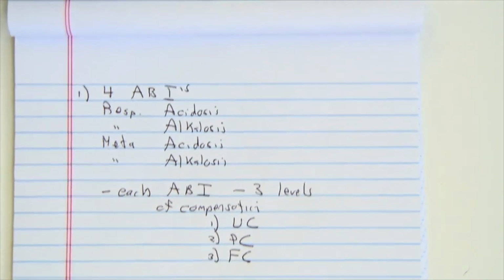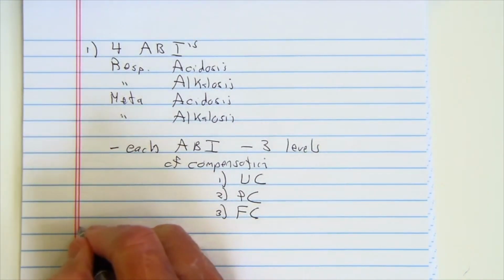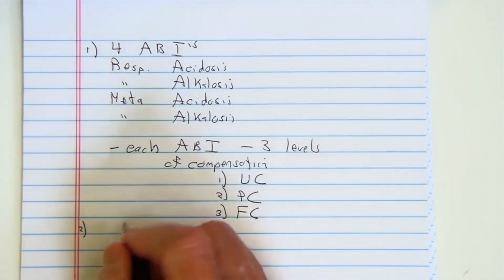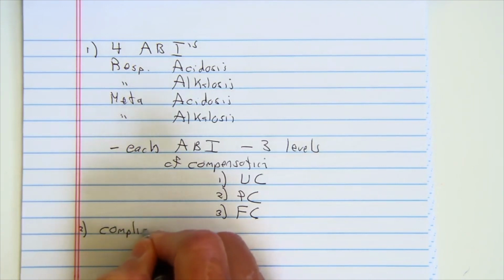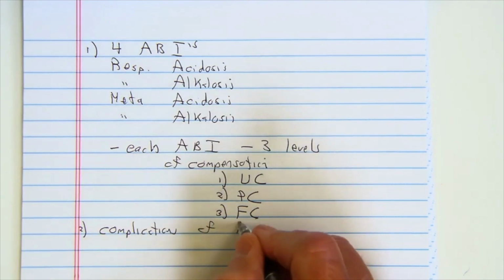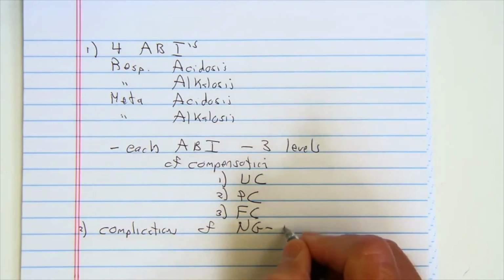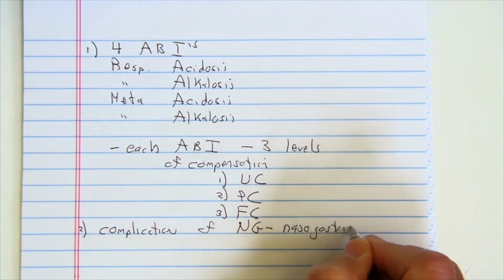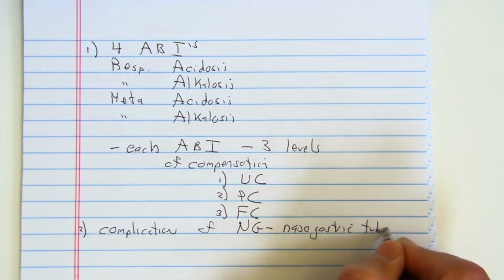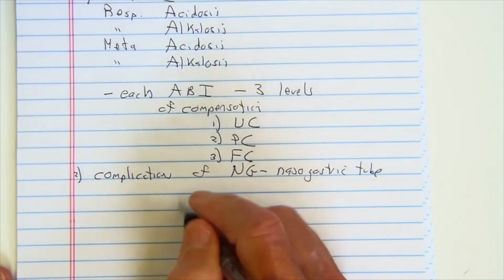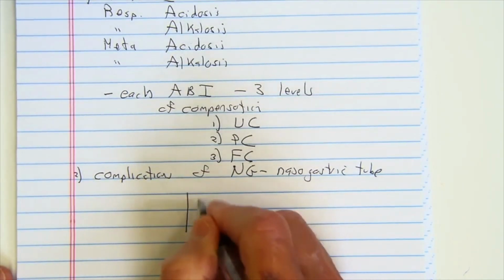The next thing that you'd want to know for the test is what are the complications of an NG or nasogastric tube. Well, if you think of the anatomy of the body, I've got my esophagus coming down.